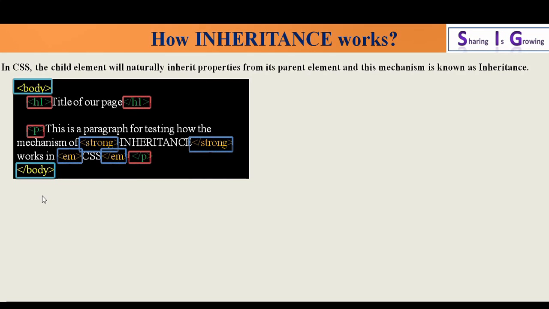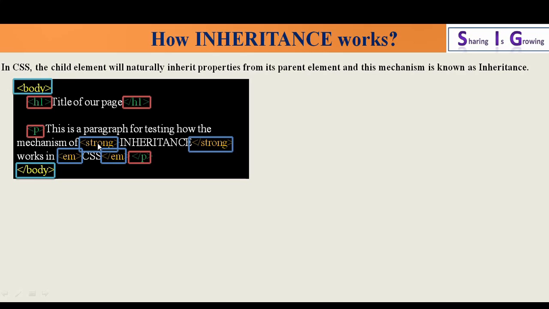Those are considered the child elements of the p parent element. The thing that you need to understand here is, within the opening and closing tags of the body element, we have the h1 header element and the p element, and these two are the child elements of this body parent element, right?